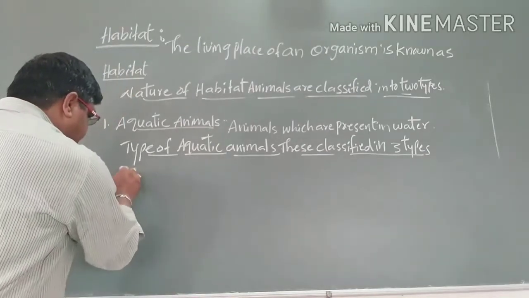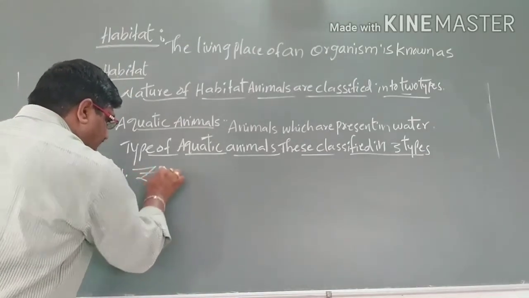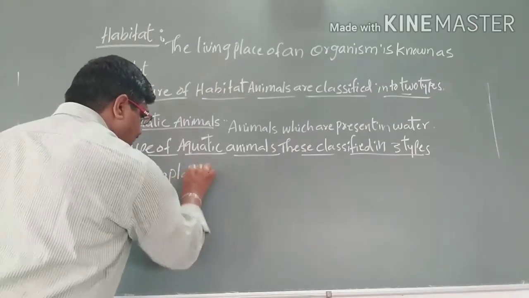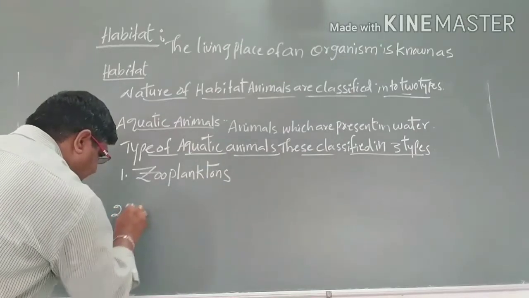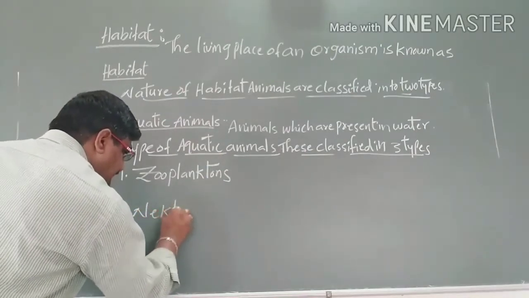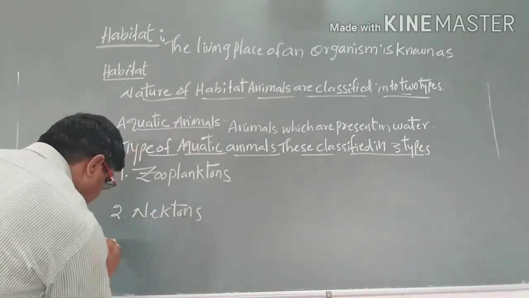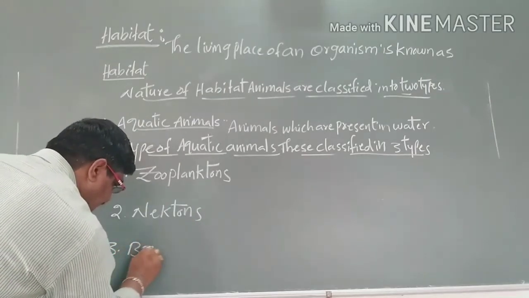So here the first one is zooplanktons, the second one is nectons, and the third one is the benthons.